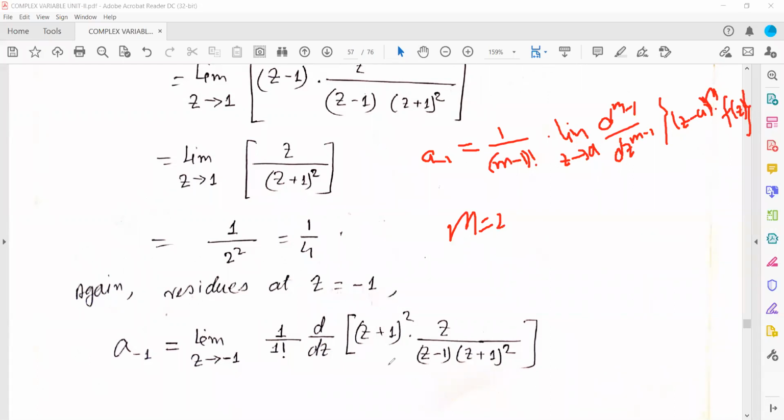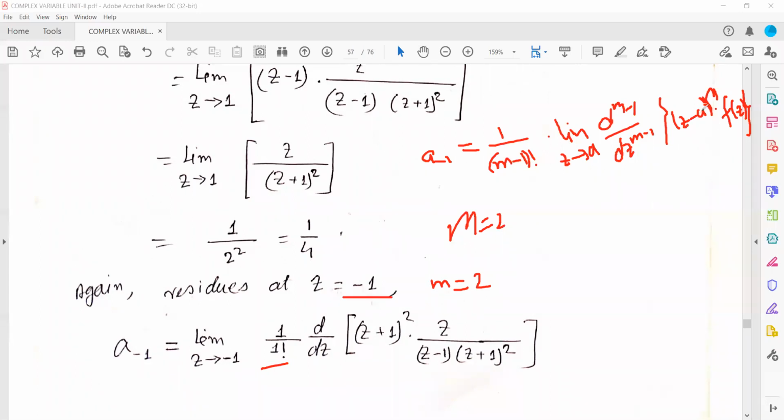So here m is equal to 2. So put 1 upon (2 - 1) factorial, that is 1. Now the limit of d^(m-1), m is 2, so 2 - 1 is 1, so it is the first order derivative d by dz, where a is -1.